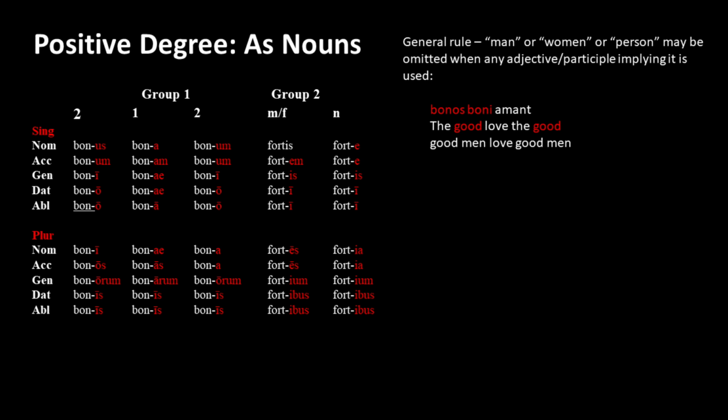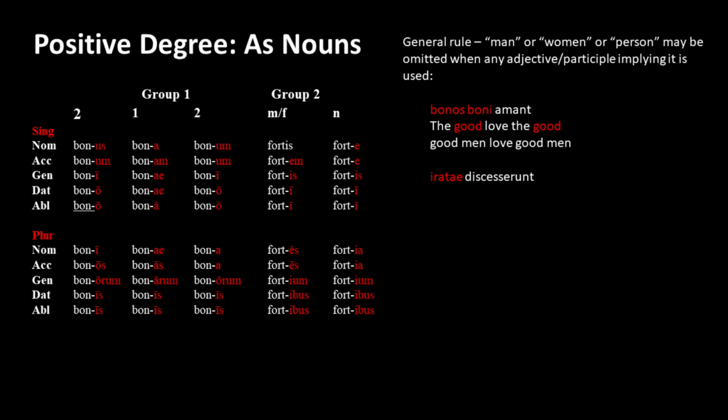Bonos, it's accusative, it's masculine, it's plural, and so it means good men love good men. And you see, because these adjectives have genders and numbers as well as cases, if you say boni, then it quite clearly means good men. But let me move to the next example, which I think should show this a great deal more clearly.